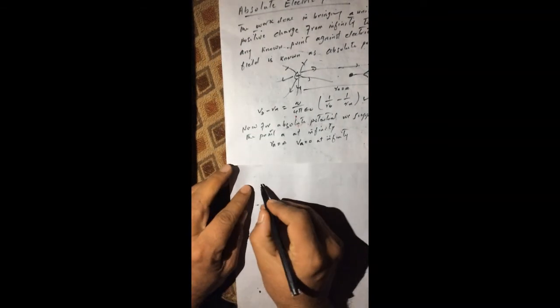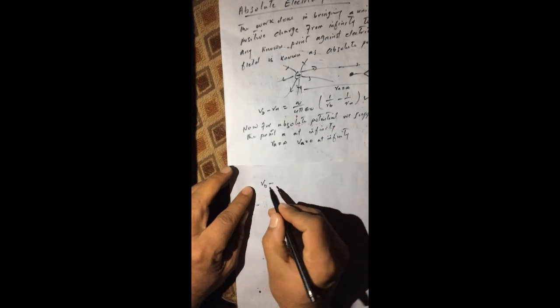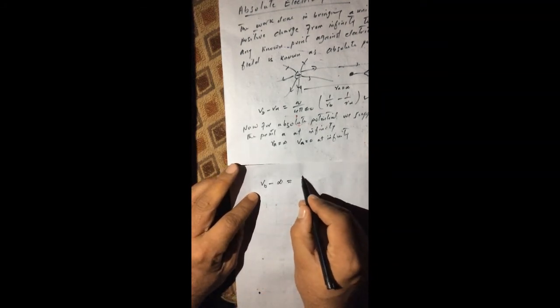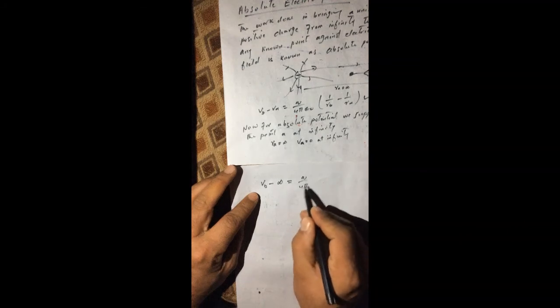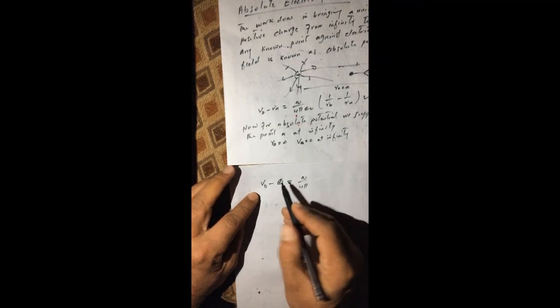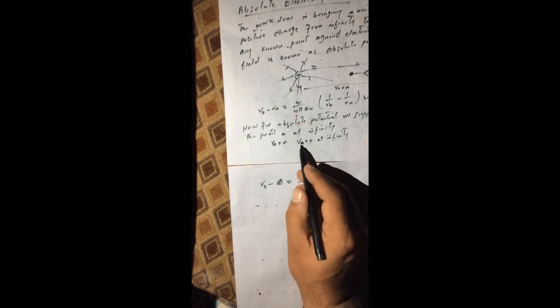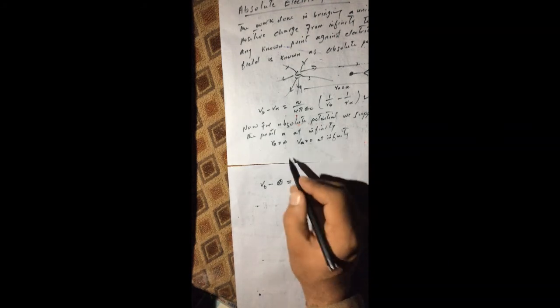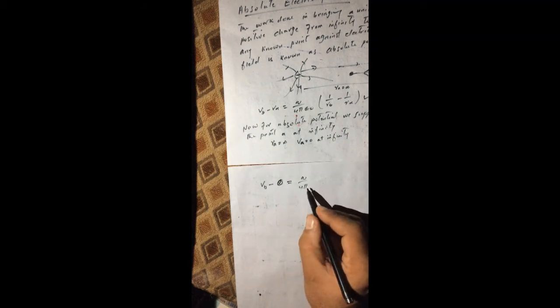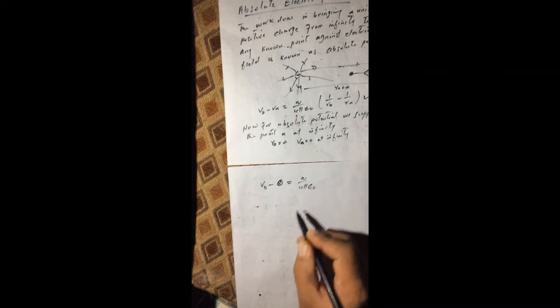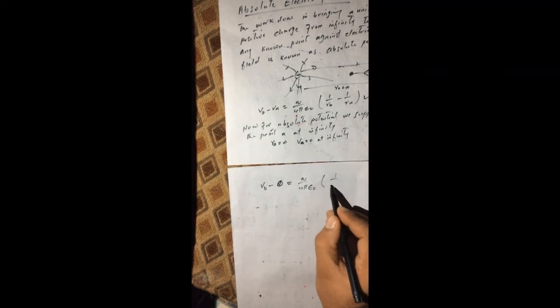VB minus VA, which is equal to Q over 4 pi epsilon naught times 1 over RB minus 1 over RA. The value of potential at infinity is 0, so VA, which is at infinity, is equal to 0. For RA I will put infinity.